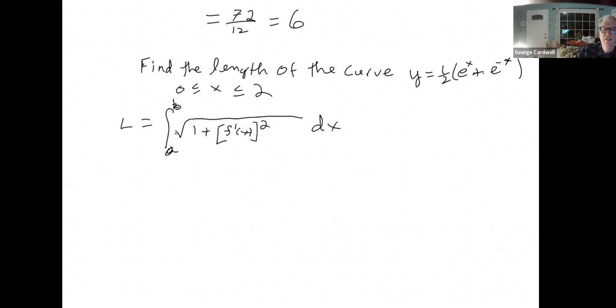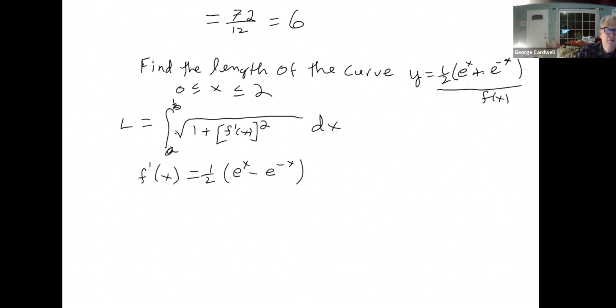All of this. So f prime x is going to be 1/2 times the derivative of e to the x, which is e to the x, and the derivative of e to the minus x, which is minus e to the minus x. So that plus changes to a minus. So that's f prime x.